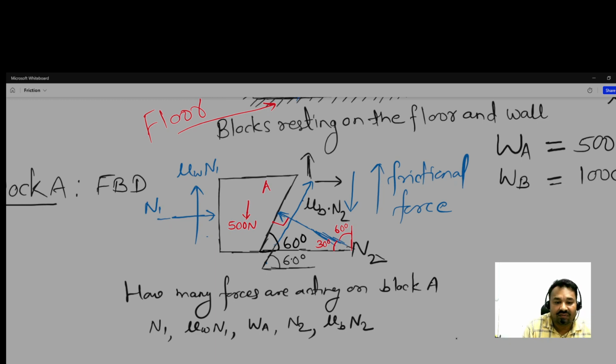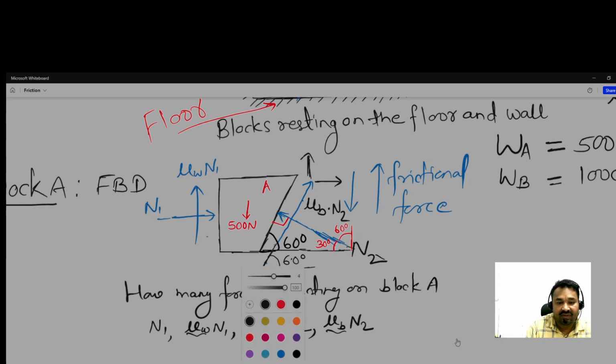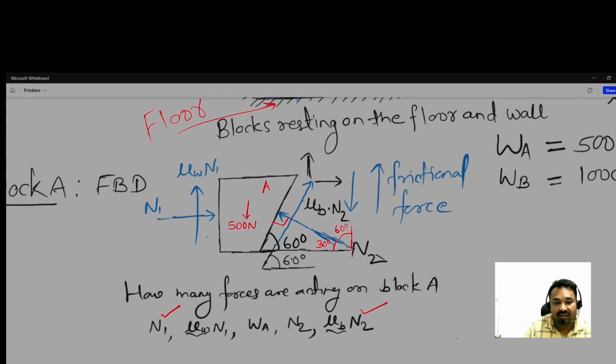We know the coefficients of friction, so how many unknowns are there? N1 and N2, these 2 unknowns.